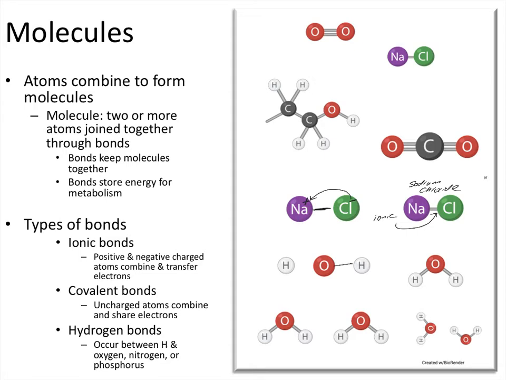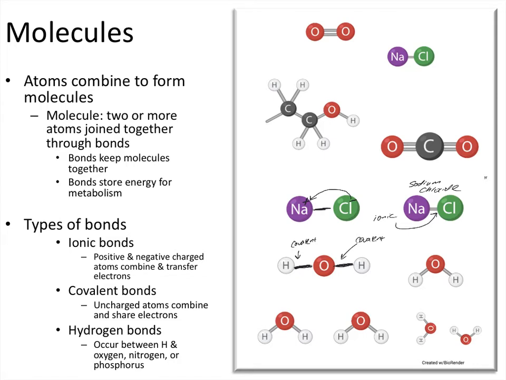So when we have a hydrogen atom that connects to an oxygen and another hydrogen atom that connects to that same oxygen atom, we end up getting water. The bonds that hold the hydrogen atoms to the oxygen atom are called covalent. So this is a covalent bond, and this is a covalent bond.